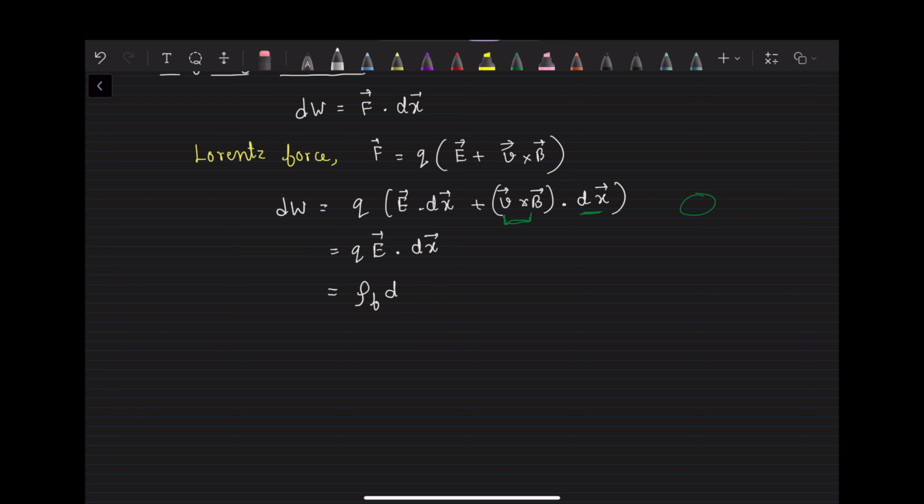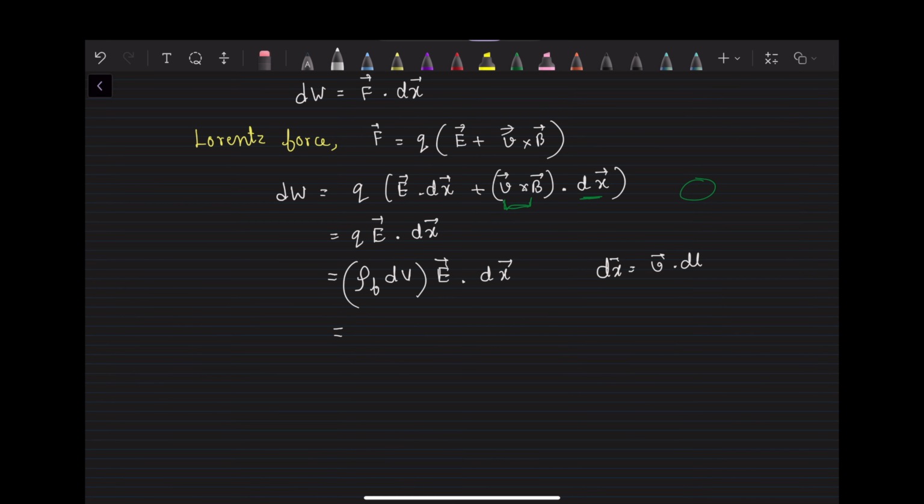Then we'll have to consider an infinitesimally small charge, so we'll add the dv term, volume dependent term, then electric field times dx. And of course we can write dx in terms of velocity times dt.